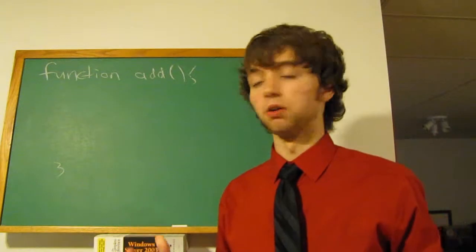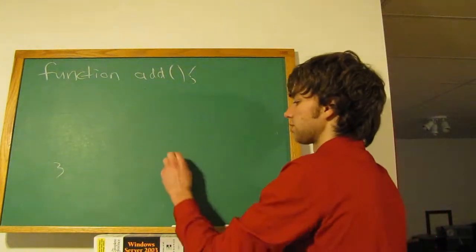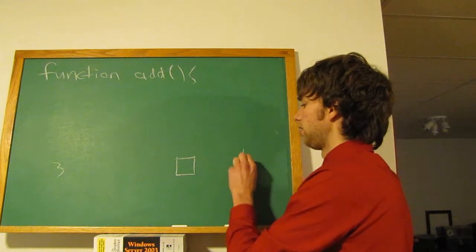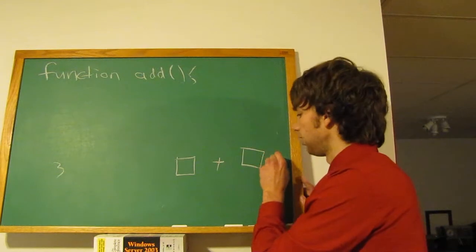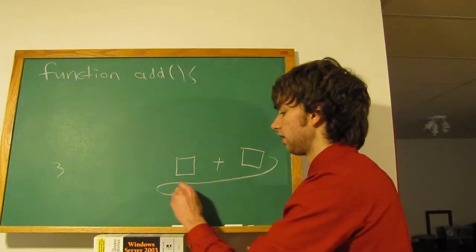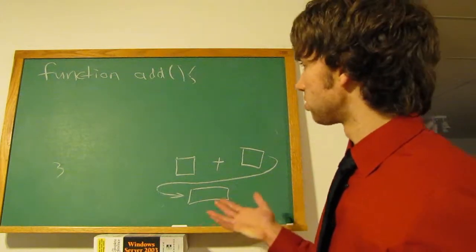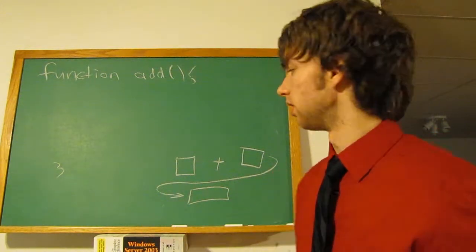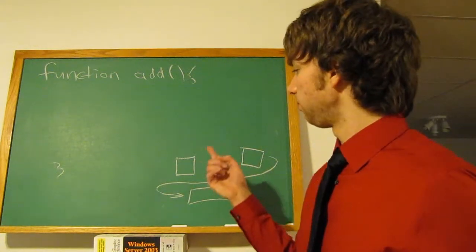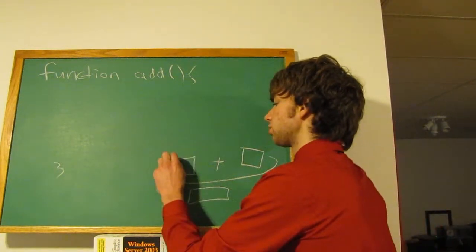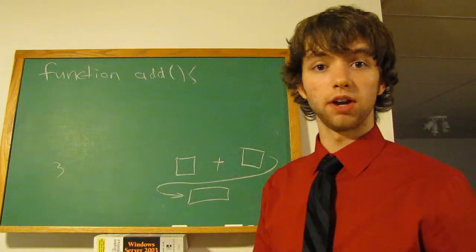Now, what we're going to do is take two numbers. Let's say this is one of the numbers, and this is another one. We're going to add them, and then we're going to get a final value to be used. It's pretty complex. It's not really, though, so don't freak out. Since we don't know what the values are going to be, we can use variables.